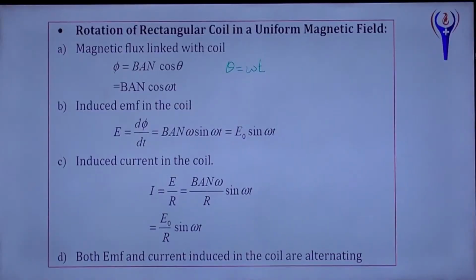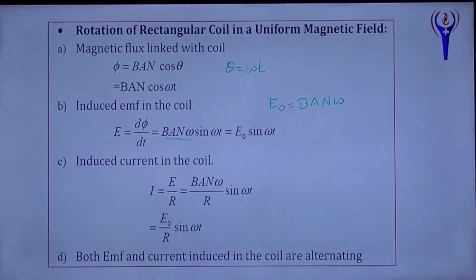If you substitute this, we get B A N omega sin omega t, and let B A N omega equal E naught. Then E equals E naught sin omega t, the simplified formula.